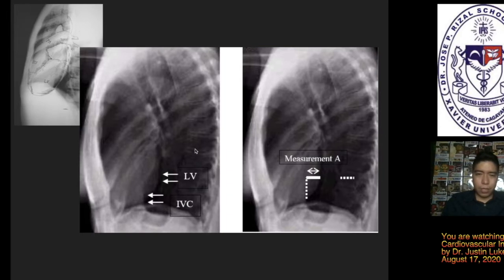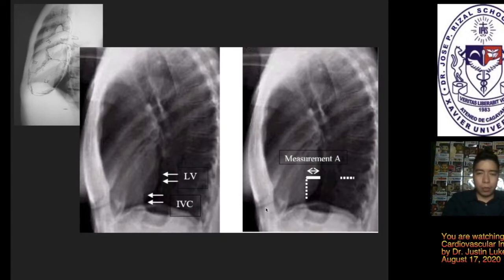This diagram was taken from a study done at Heart Center, and they tested how accurate the Hoffman-Rigler sign is in detecting LV cardiomegaly correlated with 2D echo. And sure enough, it has a very high sensitivity and specificity for detecting left ventricular enlargement.